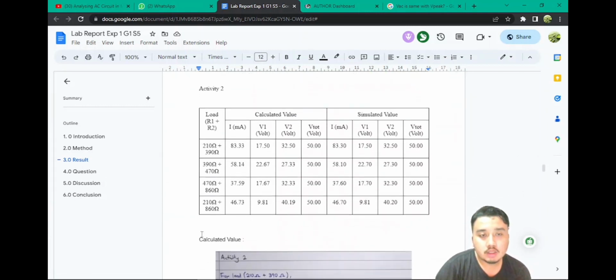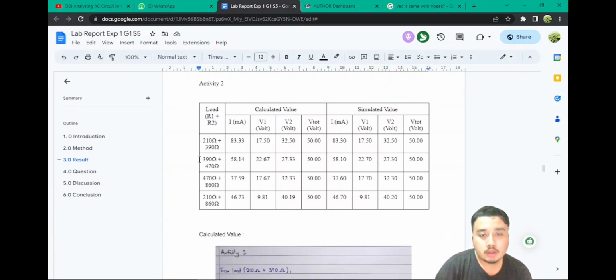Then we go through activity 2. All the results of the calculated value and simulated value are stated in the table here. First, this is the load, which is the combination of R1 and also R2. First, we have 210 ohm plus 390 ohm.